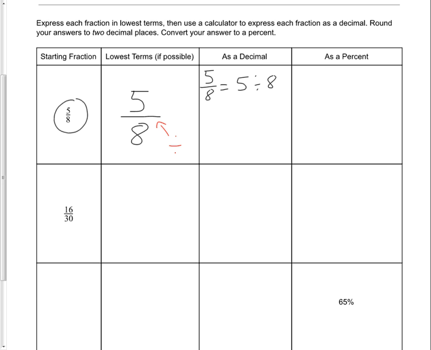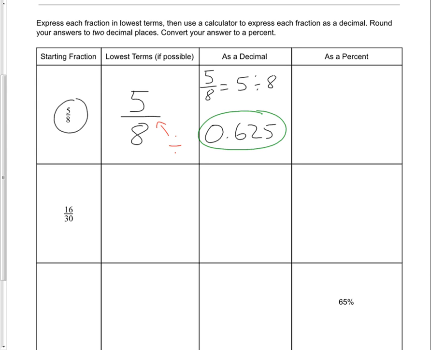What we want to do is take that top number and divide it by the bottom number and turn it into a decimal number. So if I put in my calculator 5 divided by 8, it gives me 0.625. So nice, clean, easy decimal to work with. That is what 5/8 is as a decimal. So we can convert from a fraction into a decimal by dividing the top number by the bottom number.